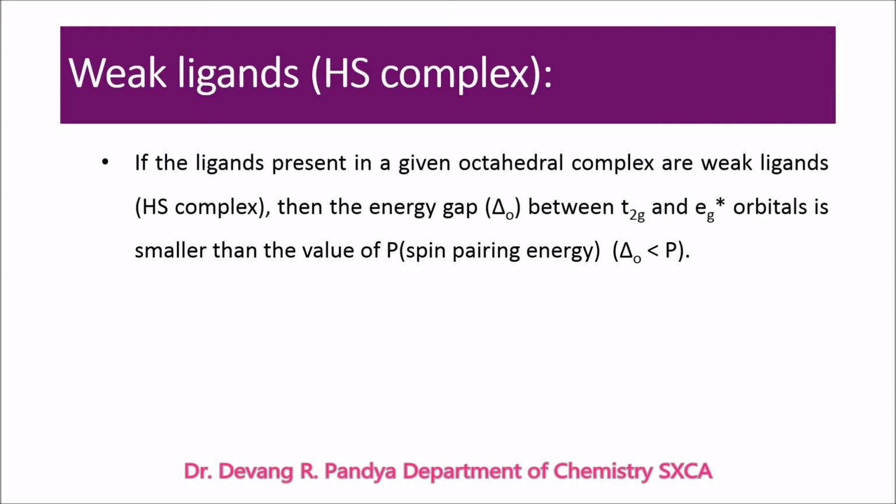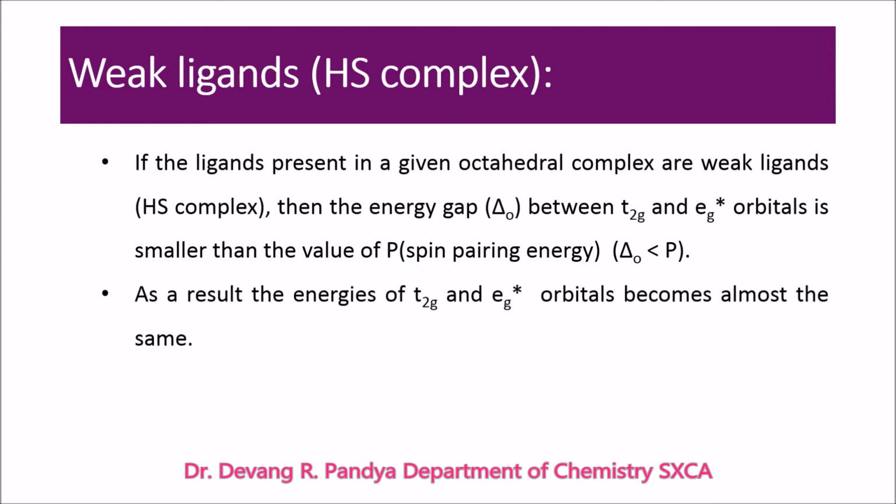Because the energy gap, that is delta O, the splitting energy between t2g non-bonding atomic orbital or molecular orbital, whatever you want to say, because it has the same energy as 3d, and the Eg star orbital, that is ABMOs, if this splitting gap is smaller than the value of spin pairing energy, that is P is greater than delta O, we are going to get a high spin complex, and the ligand which approaches the central metal ion cannot split the orbitals effectively, so the energy gap remains a little lower compared to the spin pairing energy.